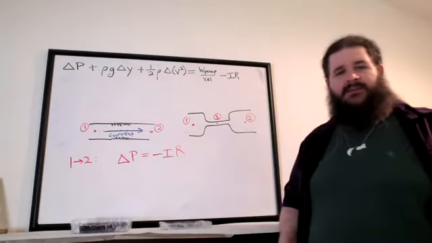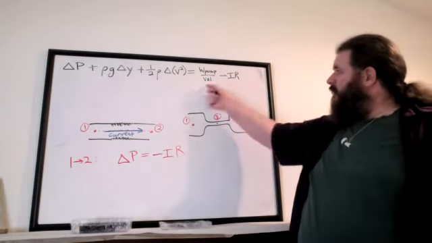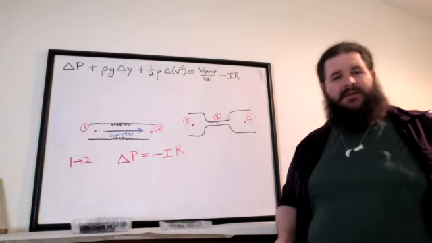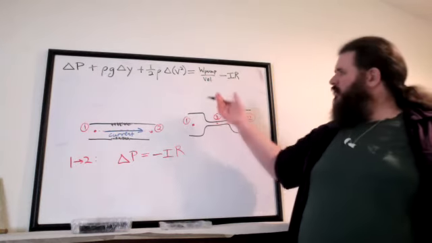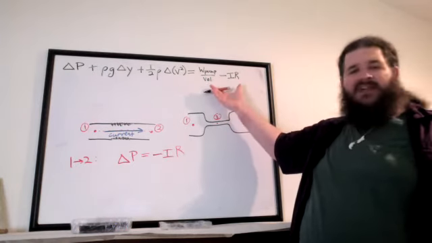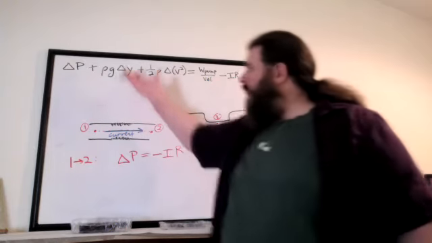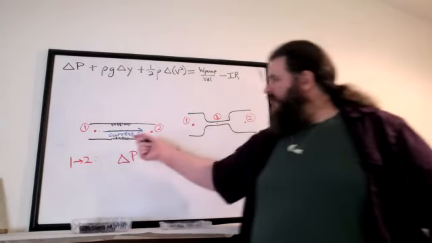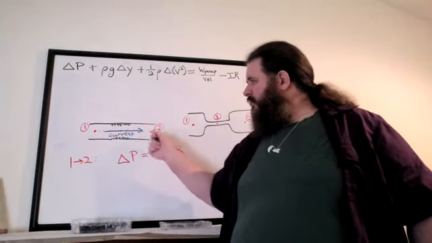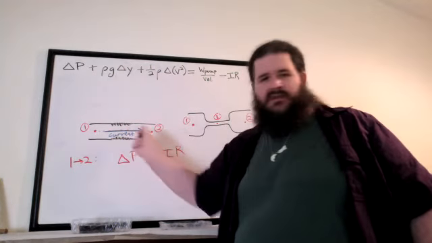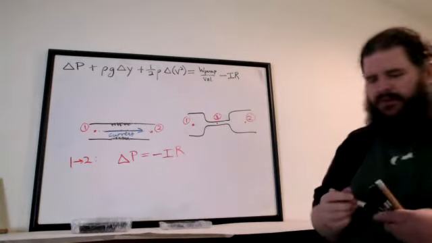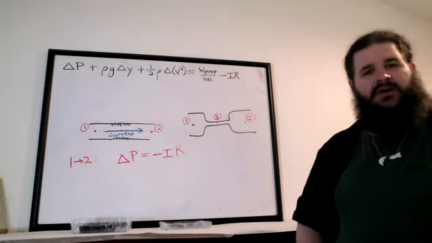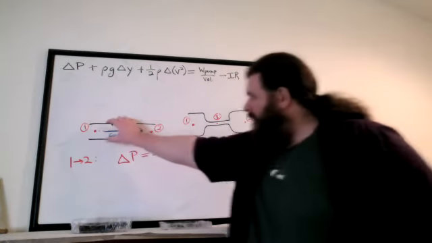They don't care what happens in between. But the right side of the equation, this is all about what happens in between. So you could even think of it as these are the things happening in between that cause the initial and final values to be different. But in this case, let's say we're talking about point 1 and point 2 outside of this narrow zone. So we don't really care about the values inside the narrow zone, just the total resistance of this section of pipe.